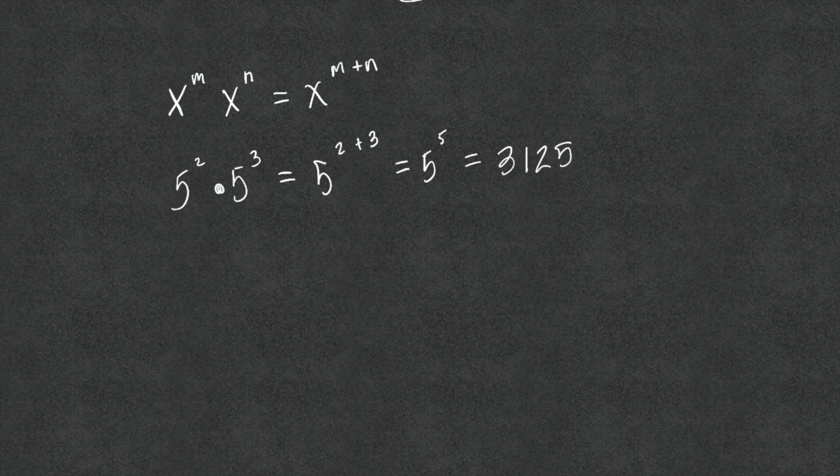So when we multiply exponents, we are really adding them. If we're adding them when we multiply, what happens when we divide them? Well, it would have to be the inverse. We have to subtract.